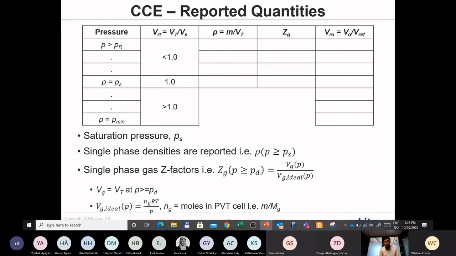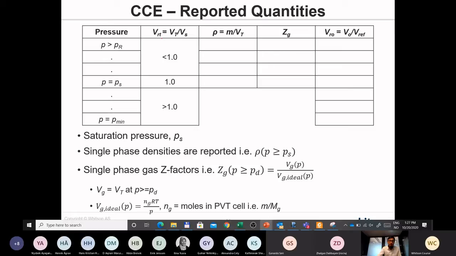Okay, now we see what the reported quantities are. If you look at the CCE experiment table, you generally have the pressures, and then the relative total volumes reported.